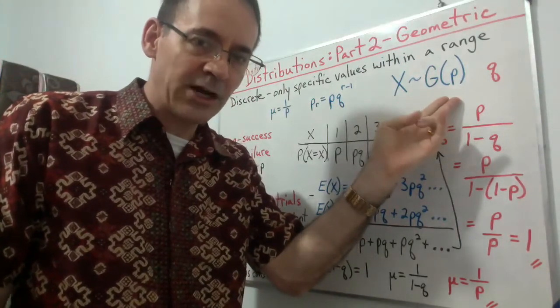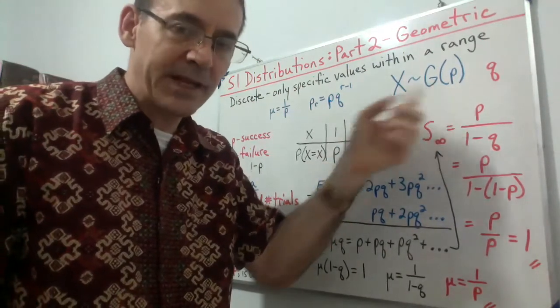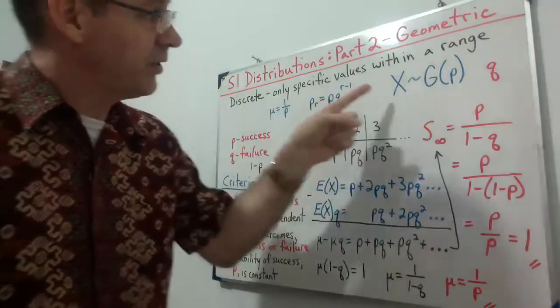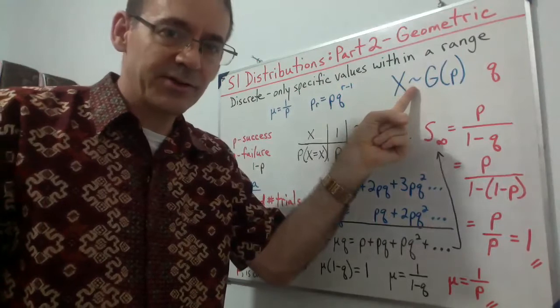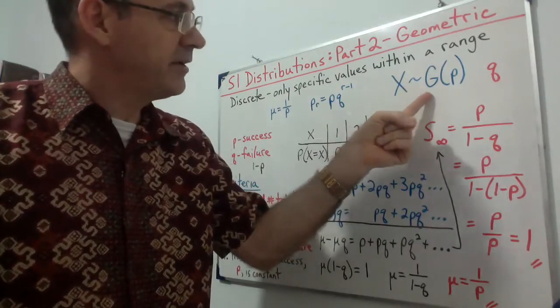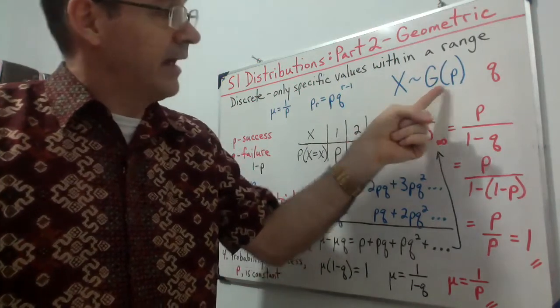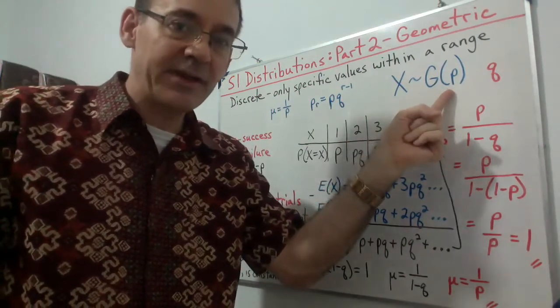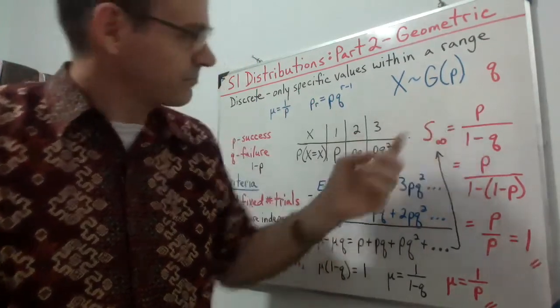Now, here is our notation. Remember, you want to start out with proper notation because it provides you with the information that's important. So here's our random variable X is distributed, this little squiggly mark, distributed now with a capital G, geometrically, and our parameter instead of n, p is just p, the probability of success.